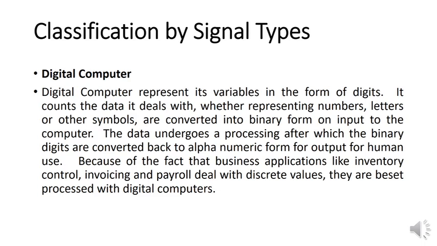It also performs calculations, executes instructions, and solves problems based on a predetermined set of rules known as a program. Digital computers are the most common type of computers used today and can be found in various forms, such as personal computers, laptops, phones, and workstations.